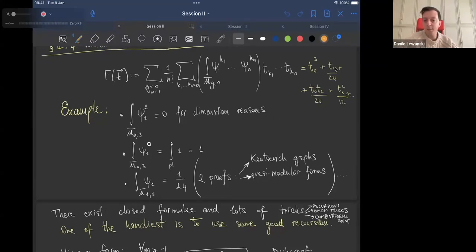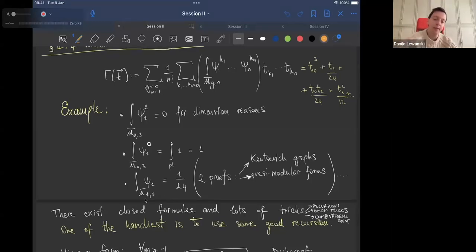This t1, what is the coefficient of t1? The coefficient of t1 will be the integral of psi 1 to the power 1. So psi 1 to the power 1 is something that lives in the space with n equal to 1. And because it has degree 1 in cohomology, we need to find a space that has dimension 1 as a moduli space. And of course, that forces us to take the genus as 1. So we call that M_1,1 bar, has dimension, as we saw, it was this Christmas sock, and in particular has complex dimension 1.